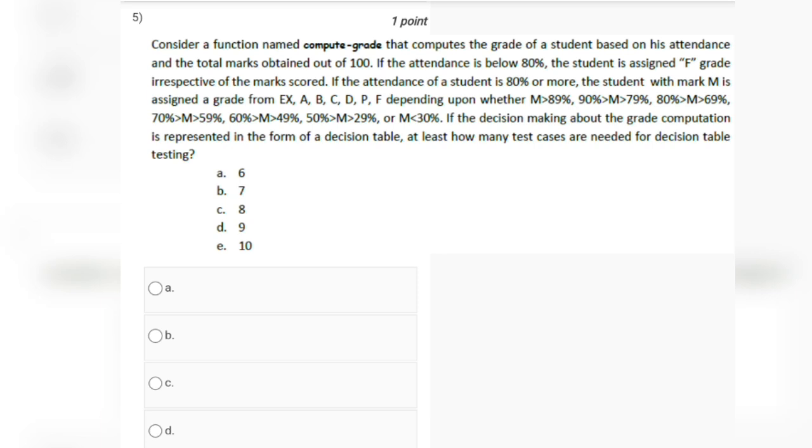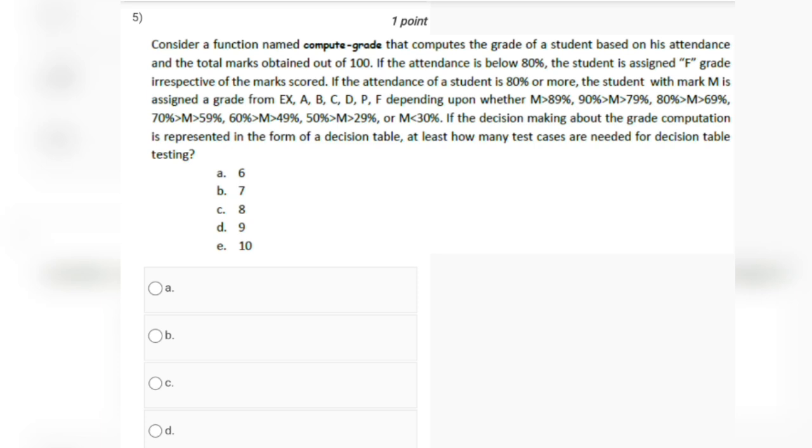If the attendance of a student is 80% or more, the student with marks M is assigned a grade from X, A, B, C, D, P, F, depending upon whether M is greater than 89%, or in between 79% to 90%, or in between 69% to 80%, and so on.